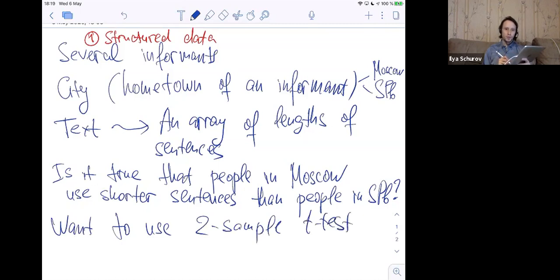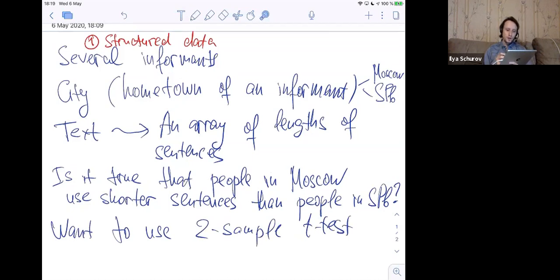There was one suggestion about chi-squared test, but in this case, we are comparing something like length. So we have a numeric variable, and we want to compare averages between numeric variables in two groups. And so this is exactly a two sample t-test. But I want to discuss it further.